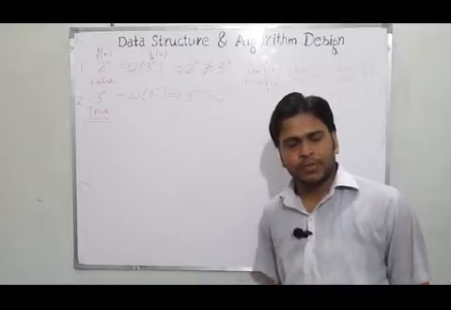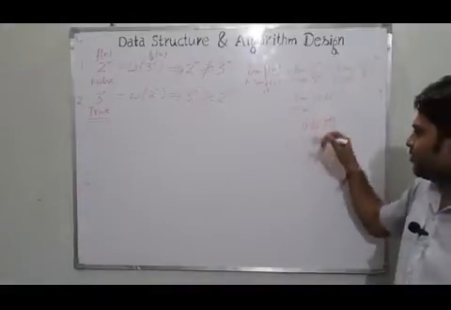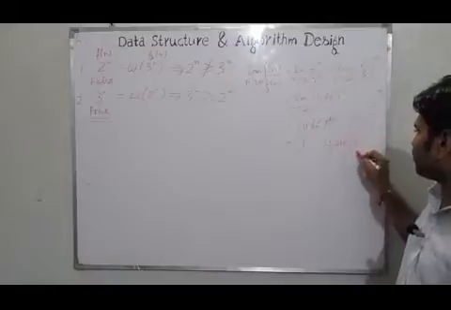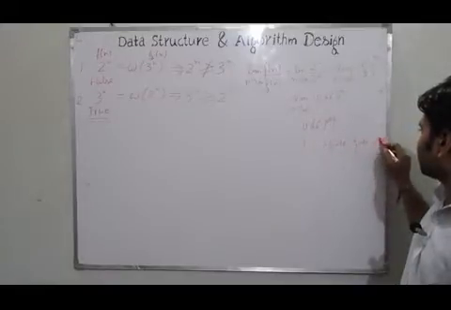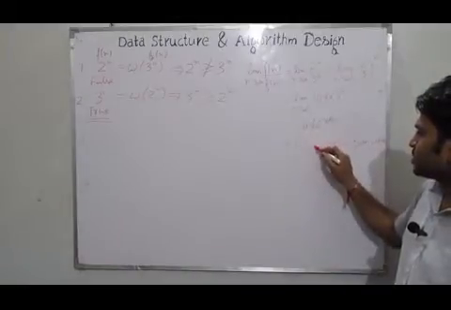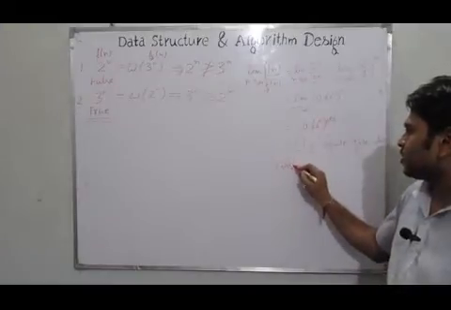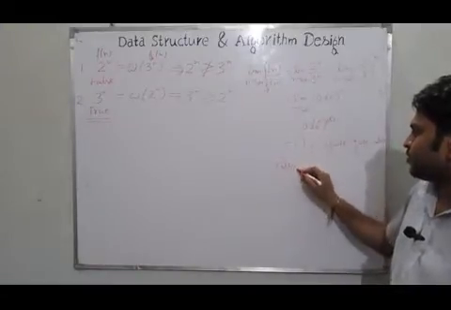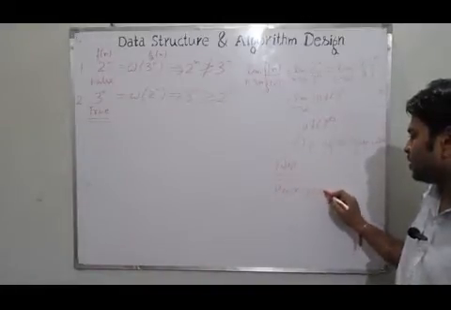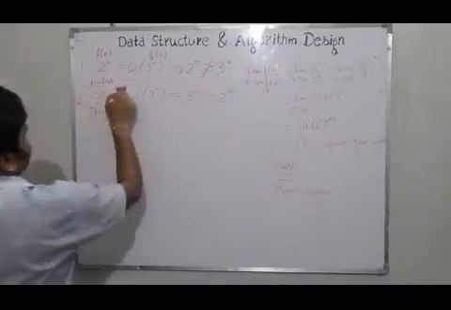Because we had discussed that the limit will always come out to be either infinite or a finite value, but never equal to 0. Hence it is false, and so it is proved that this is never true.